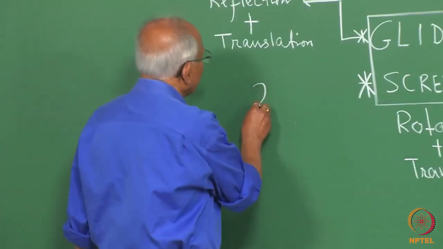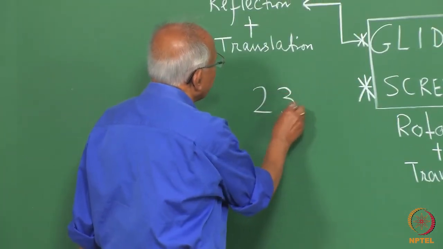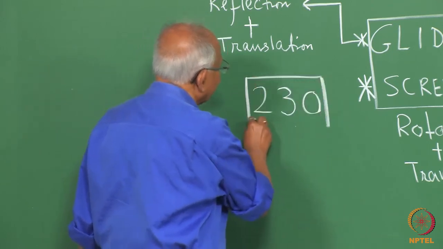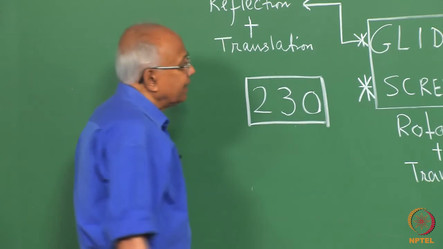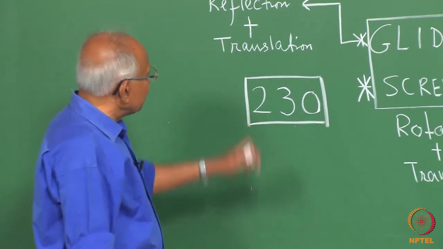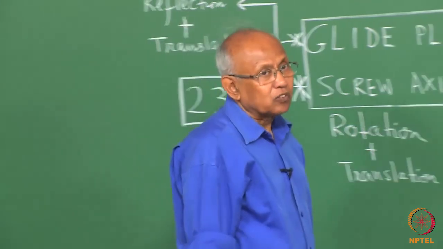So, just as we have 32 point groups, we have a total of 230 space groups.